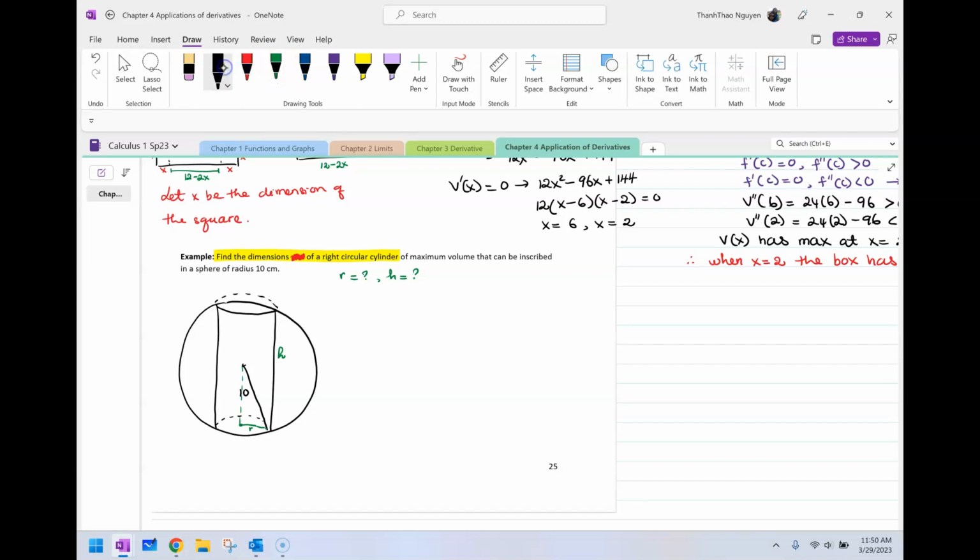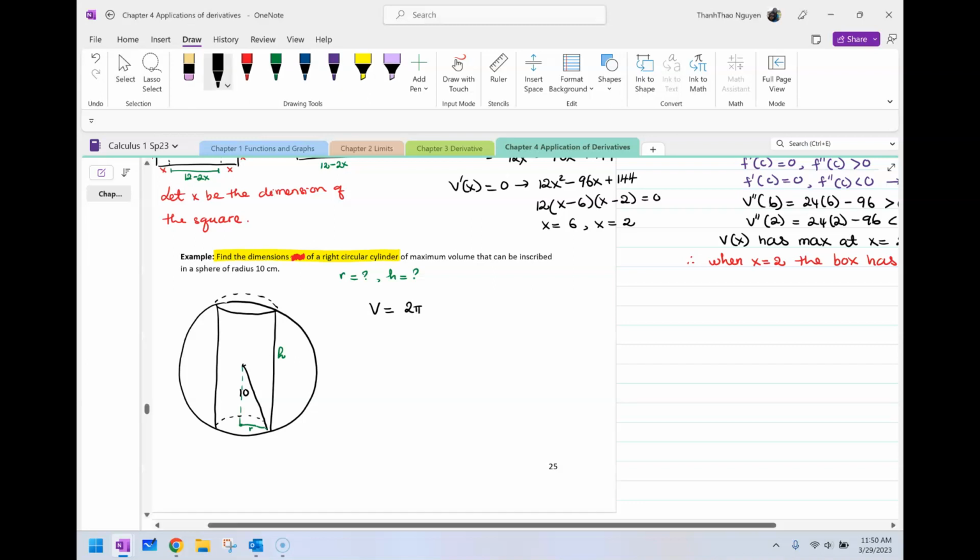Okay. So let's talk about the volume of that circular cylinder. The volume is equal to 2 pi r squared times the height, right?